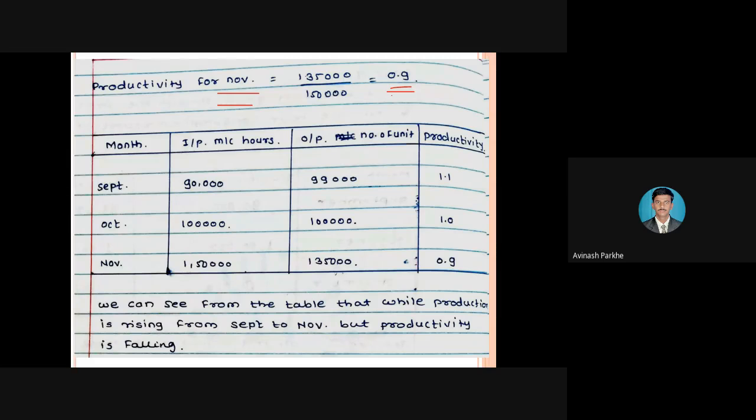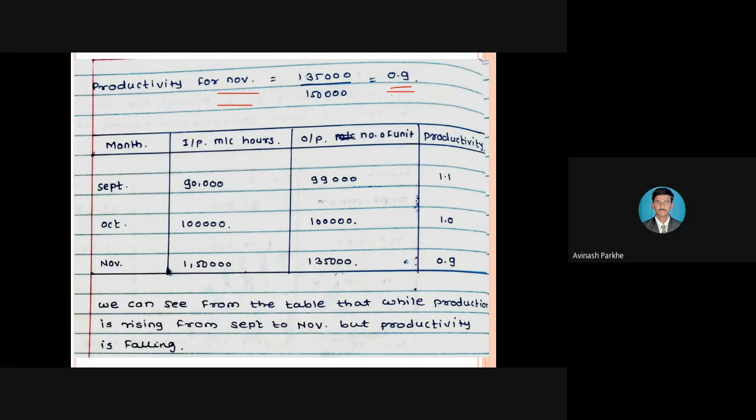Therefore, in the last 2-3 lectures we have discussed that the terms production and productivity are not similar to each other. Sometimes production increases and productivity also increases, but sometimes only production increases and productivity goes on decreasing. Why? Because in order to increase that production, we have increased the input parameters also.